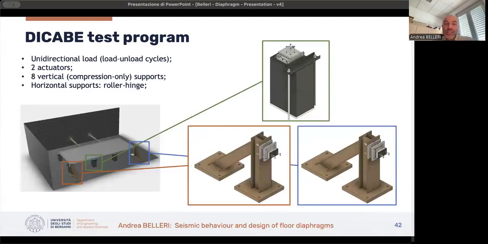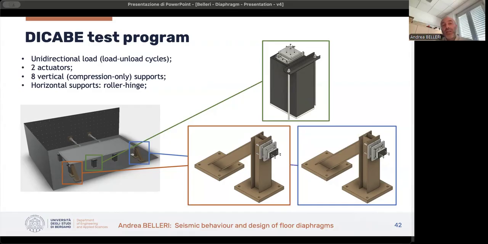So the columns were not built, but instead, in the position of the columns, some supports were provided that allowed all the possible displacement of those points. The specimen was tested with 2 actuators with load and unload cycles, not reversal cycles, so only one-direction loading and unloading.